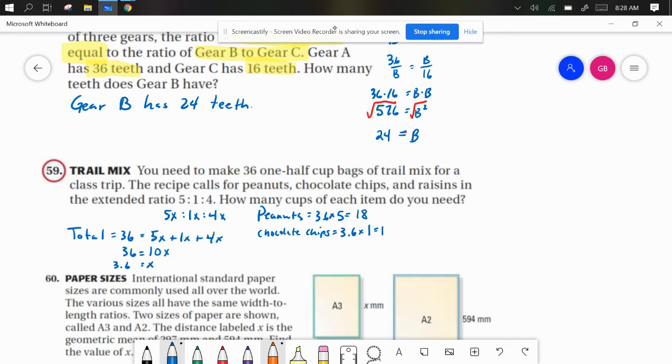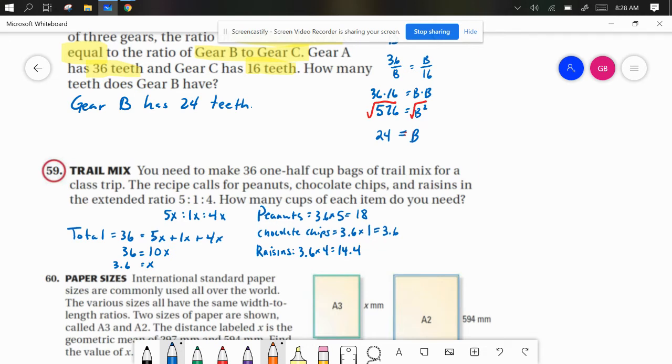So it's just 3.6. And for raisins, 3.6 times 4. This one is 14.4. Okay.